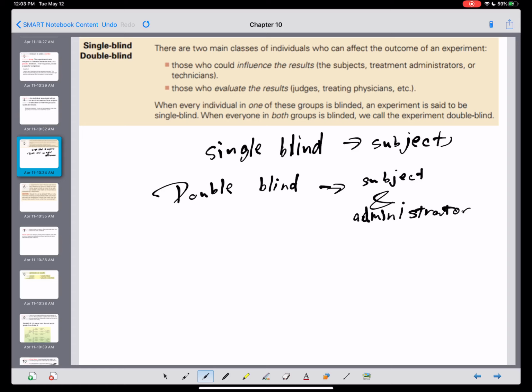If I know who's doing what, I might lean one way or another depending on my situation. But by doing a double blind, I don't know who's taking what. I'm just recording the results. I don't have any biases because I don't know who's taking what. That's called a double blind.